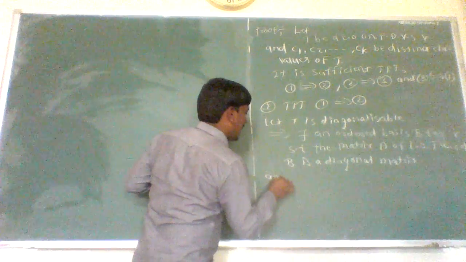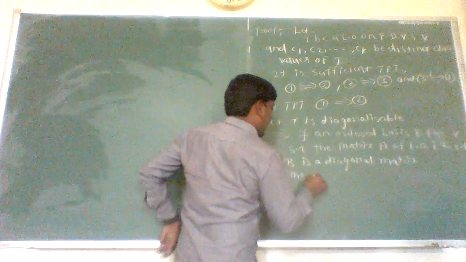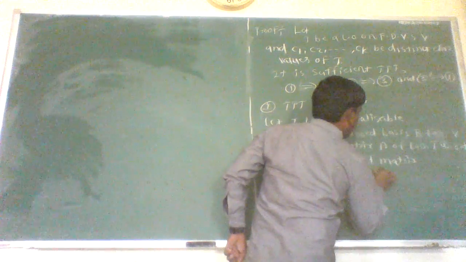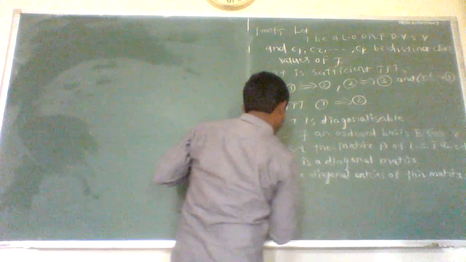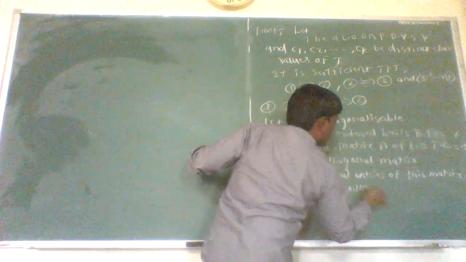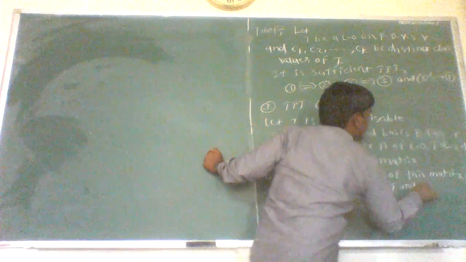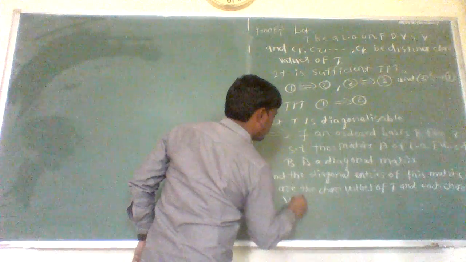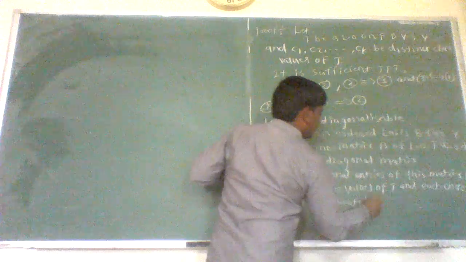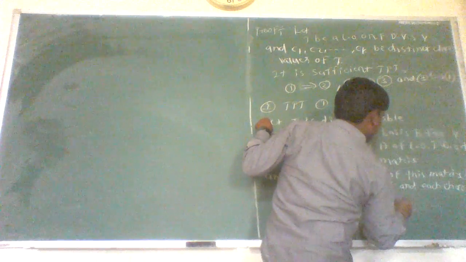And in the previous lecture we proved that the diagonal entries of this matrix A are the characteristic values of T, and each characteristic value is repeated a certain number of times.